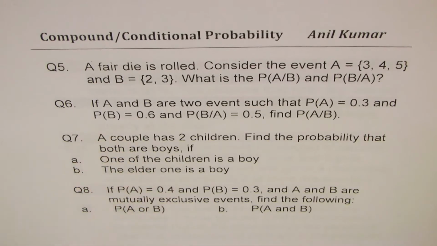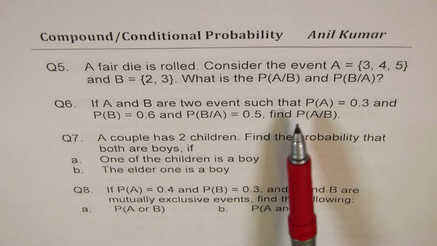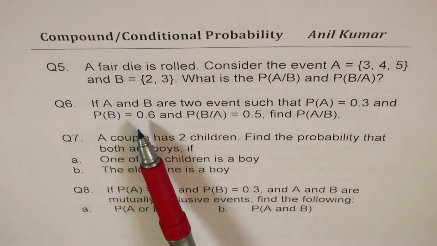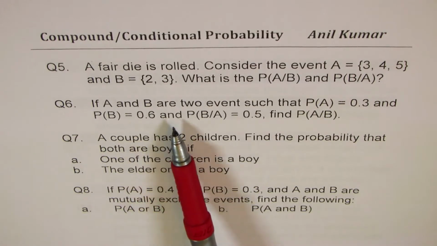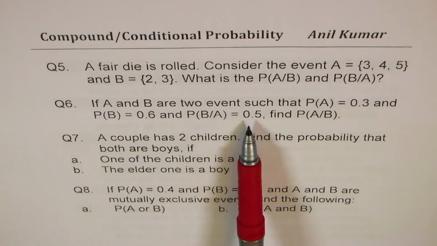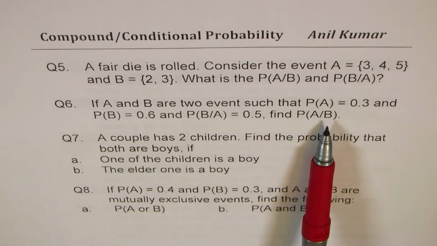Question 6. If A and B are two events such that probability of A is equal to 0.3 and probability of B is 0.6, and probability of B when A has happened is 0.5, find probability of A when B is given to you.